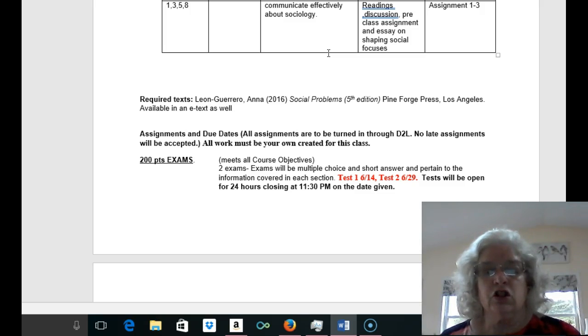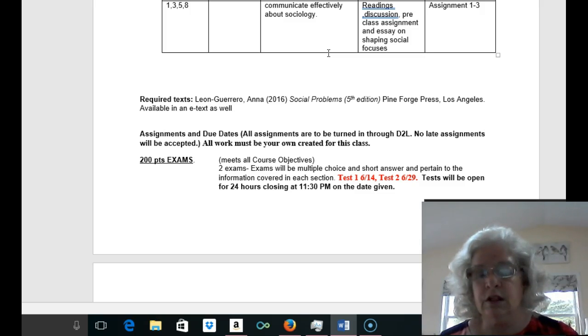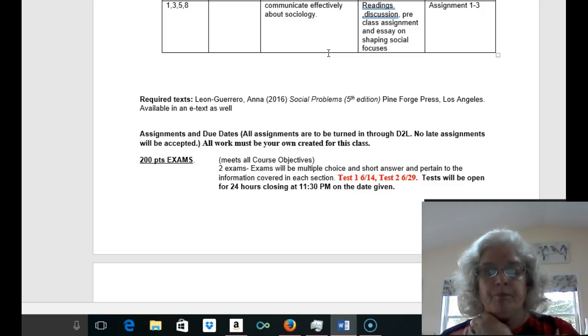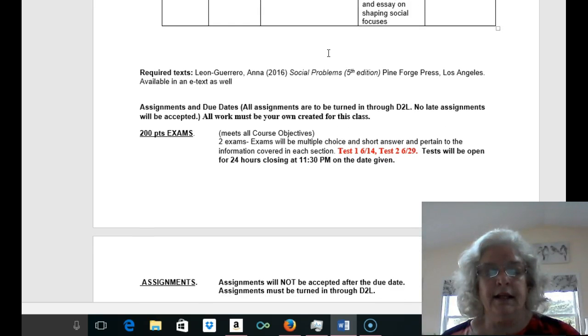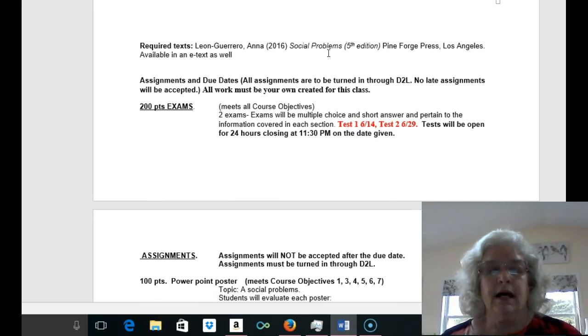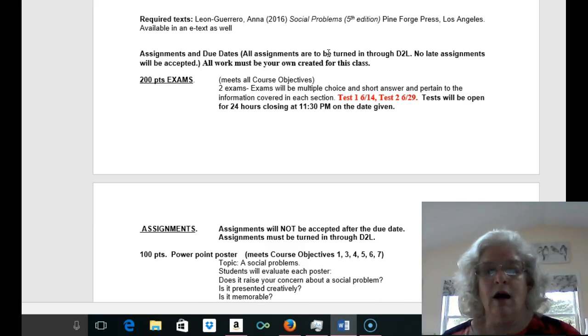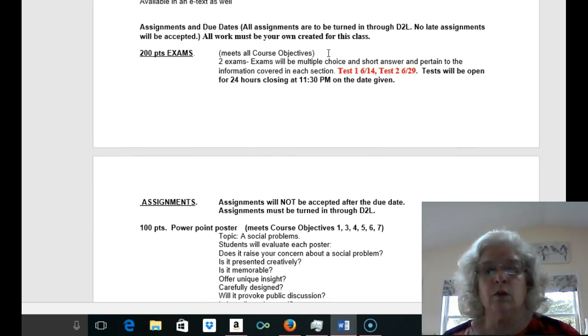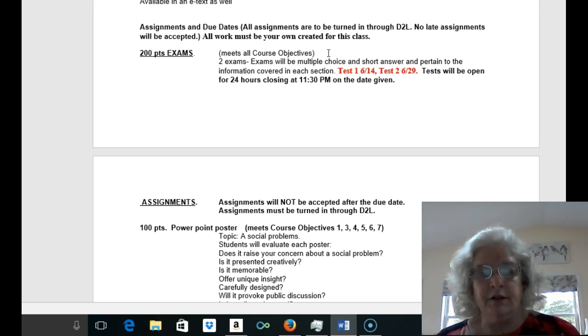That 5th edition should be available to you, I've been using it for a while, and therefore it should be fairly reasonable in cost. It's also available in an e-text. Assignment dates are included throughout this, and they are also on D2L. They are both on the syllabus, they are on the Dropbox, and they are also on the calendar.